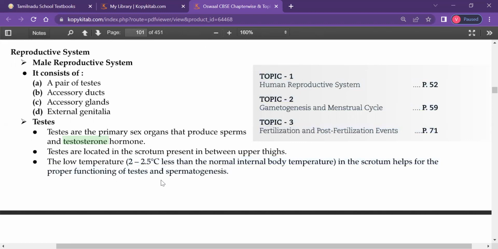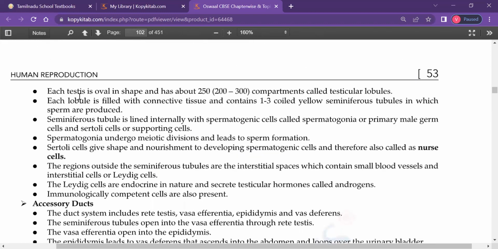The next, each testis consists of 200 to 300 testicular lobules. Each lobule is filled with connective tissue and contains 1 to 3 coiled seminiferous tubules in which sperms are produced.